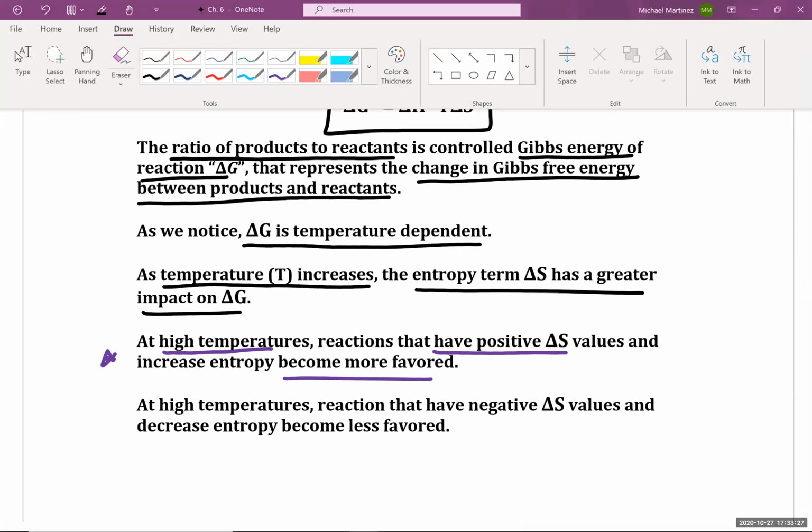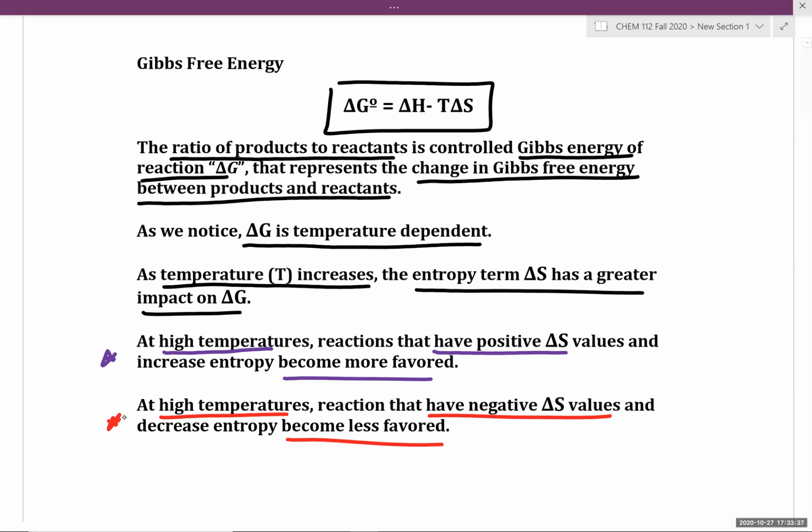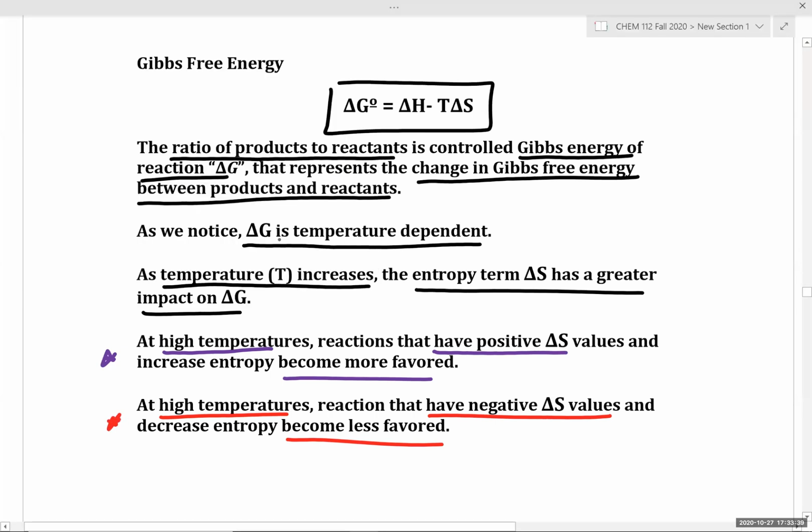Further, at high temperatures, reactions that have negative entropy values become less favored. So, depending on the temperature of our chemical reaction, the reaction entropy's impact becomes more or less pronounced.